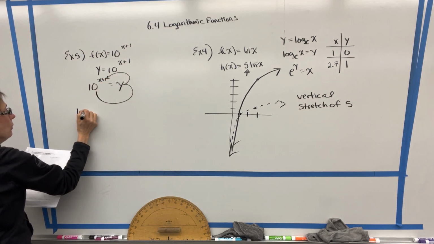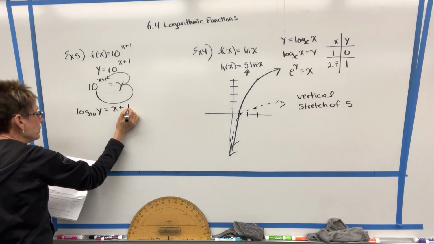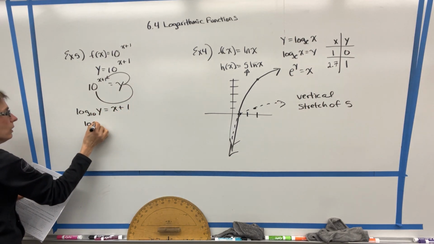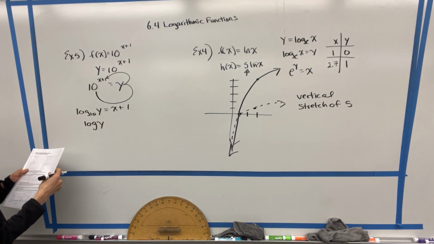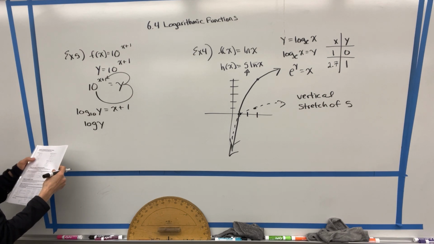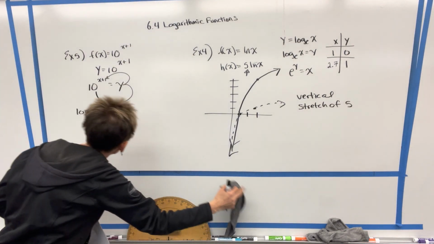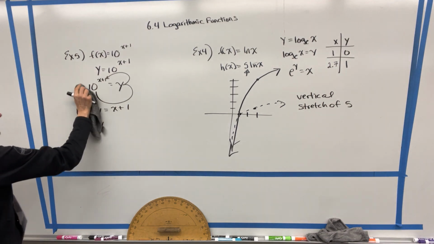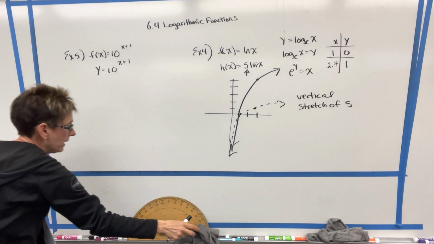So this would be log base 10 of y equals x plus 1. Did I do that correctly? Oh, yeah, let me go back. I need to switch my x and y. So I did write the first part out correctly, but now I need to switch the x and y values.